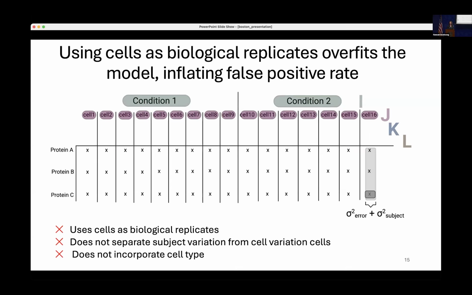Here we're saying, actually I have 16 subjects, and each subject is giving me 1 cell. So this not only gets rid of cell type information, but it also means that we're telling the model we have far more data than we actually do, which overfits the model and will inflate our false positive rate.